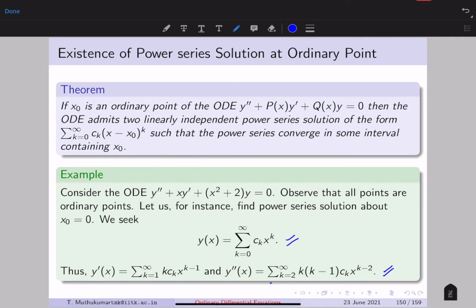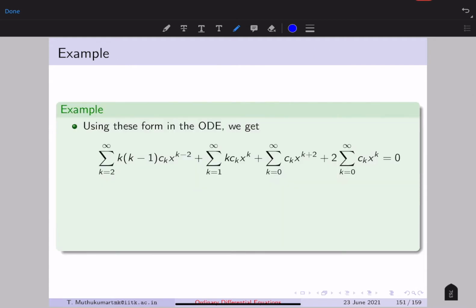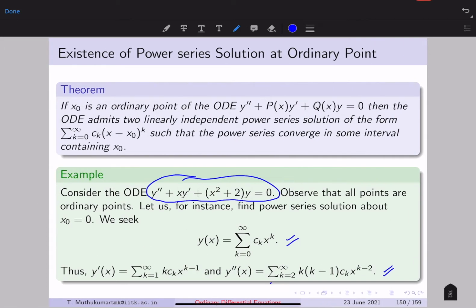Now use this information in the given ODE. If you use this form in the given ODE, this is your y double prime, and this is your y prime. In the y prime term you had an x, right? But y prime is this.